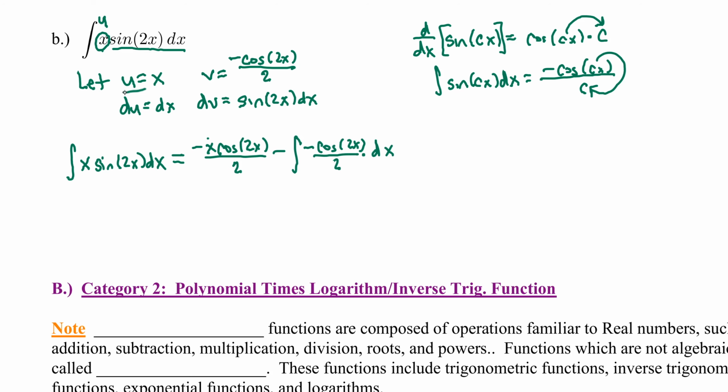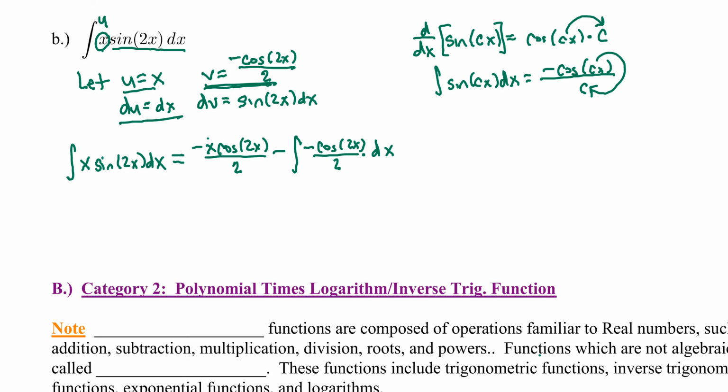Okay, so we have u times v minus the integral of v times du. At this point, everything that I write should be in terms of x. U and v help me to assimilate everything in the right order.